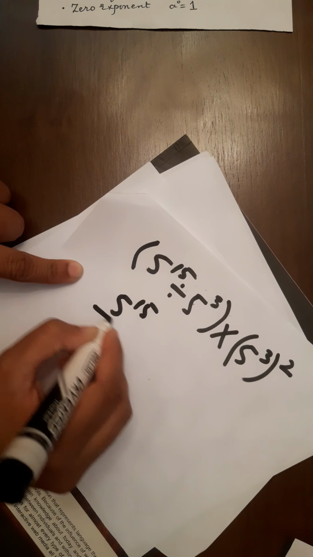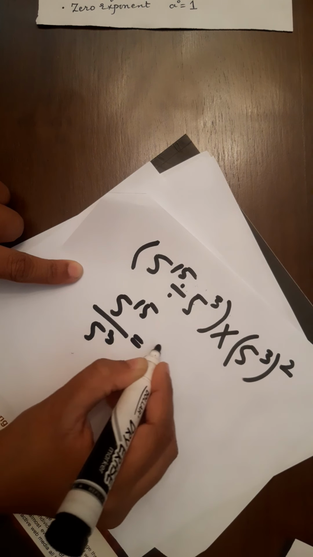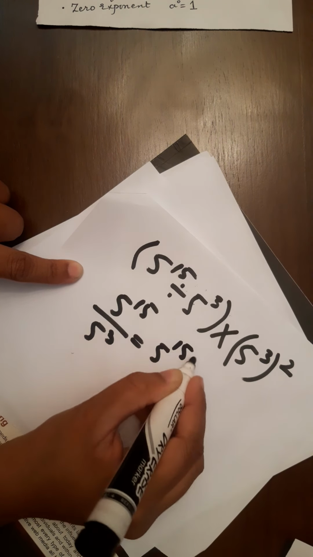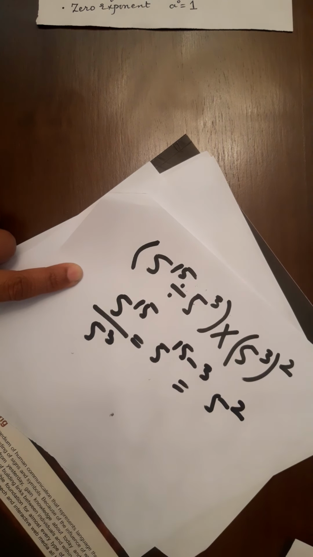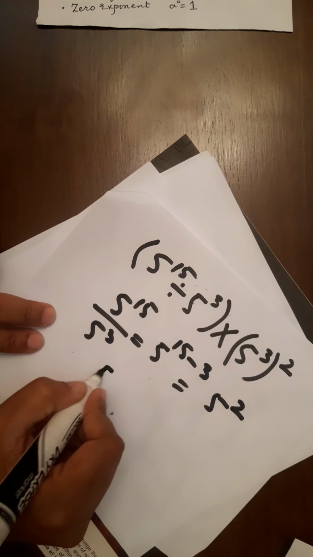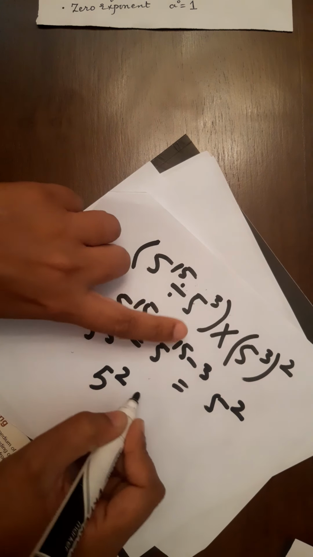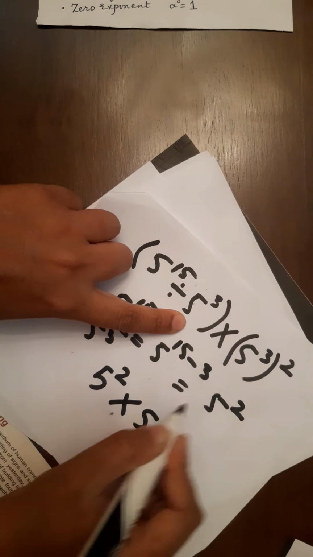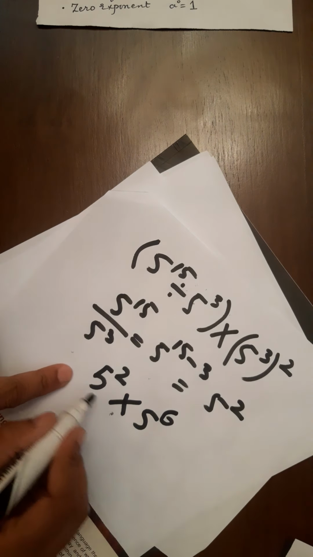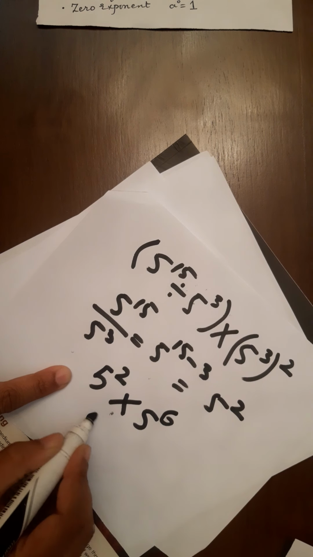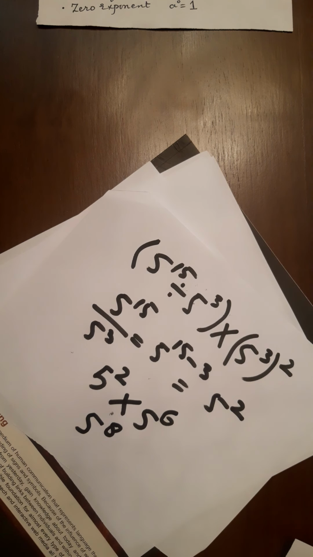First write using the division rule, you will have this answer. Then instead of this 5 square, multiply using the power of a power rule, 2 3s are 6. If the bases are same, the powers will be added. So our answer will be 5 power 8.